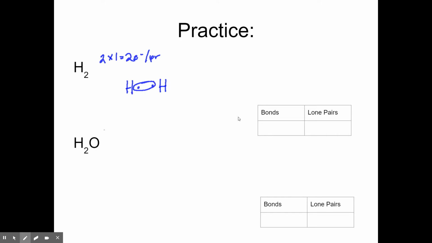Those 2 are going to pair up. So I have H bonded with H. I wanted to do this one because there is no central atom in H2. Because there's no central atom, we look at whichever the first one is, and there is 1 bond and 0 lone pairs.